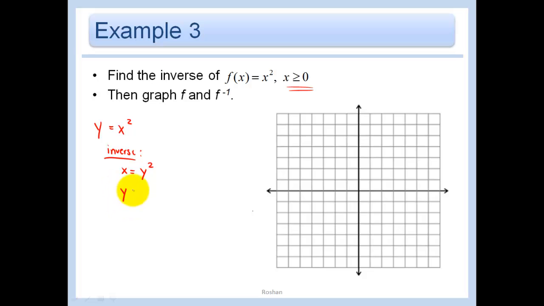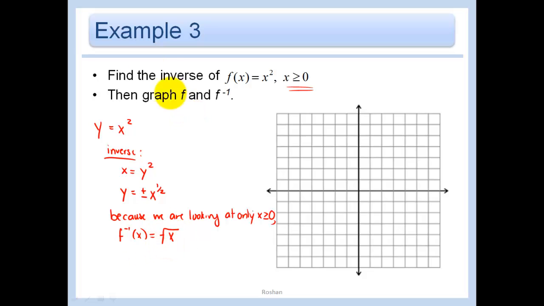In other words, y equals plus or minus x to the 1/2 power. However, I'm only looking for x greater than or equal to 0, so we get that the inverse function is just the positive one. I'm just going to write root x.